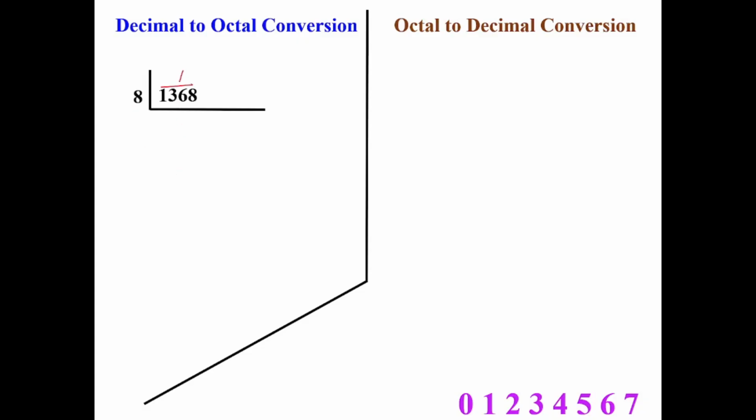This number is called your dividend, and this 8 is your divisor, and this 171 will be your quotient, and here we get the remainder 0. This is your remainder.